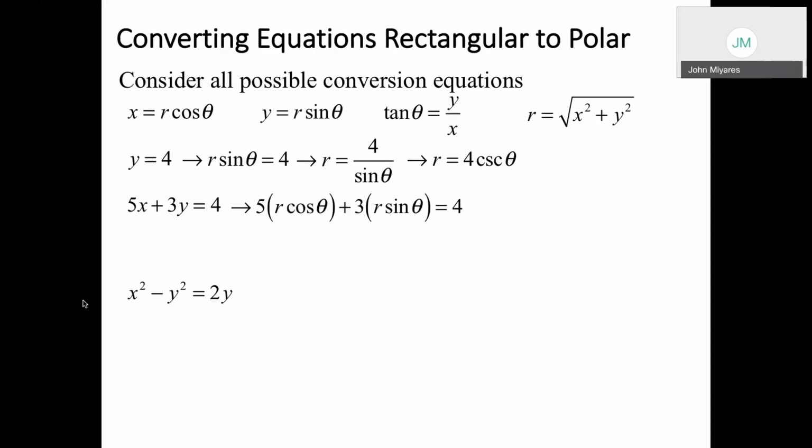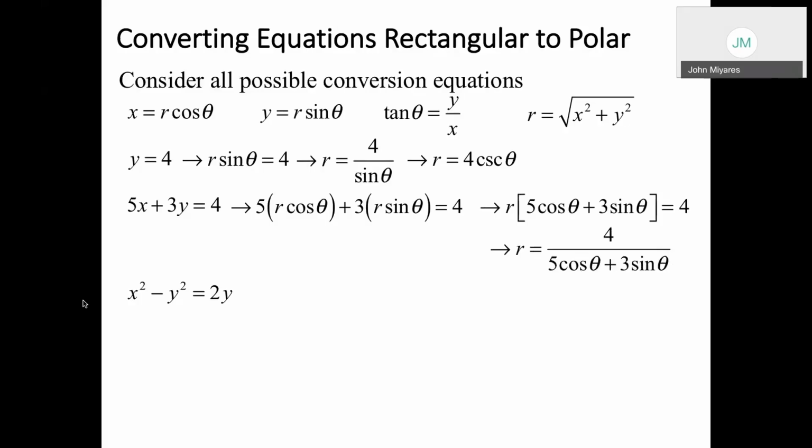Let's factor out the r as a common factor out of the first 2 terms, which will give us what you see here. Then we can divide the quantity in the brackets, which will get us r equals 4 divided by the quantity 5 cosine theta plus 3 sine theta. And that would be our final answer.